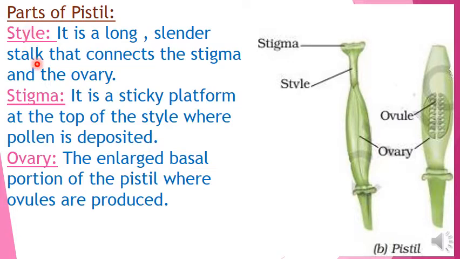Stigma, style, ovary and ovule are called the female reproductive part of a flower, whereas filament and anther are the parts of the stamen, which is called the male reproductive part of a flower.